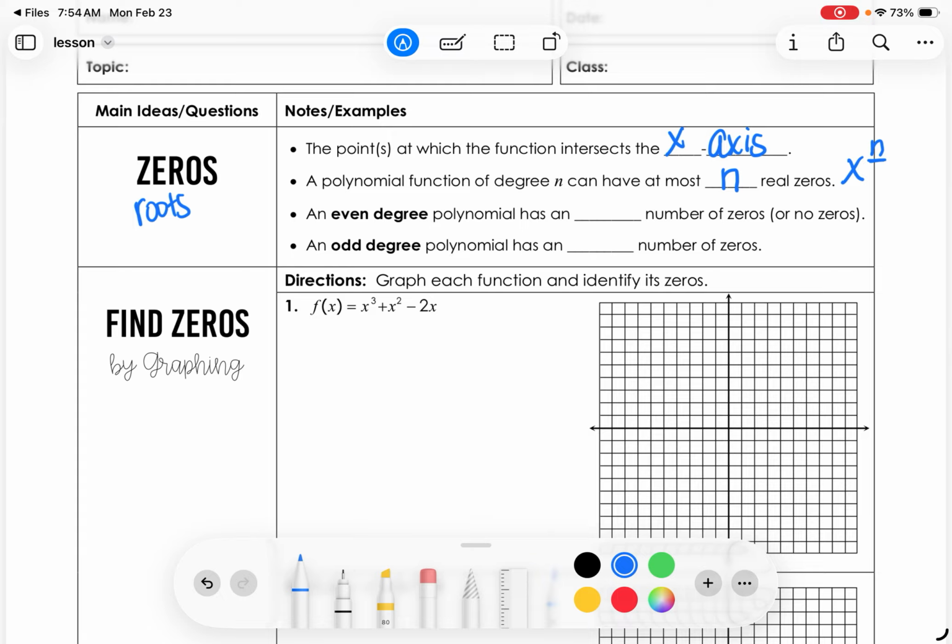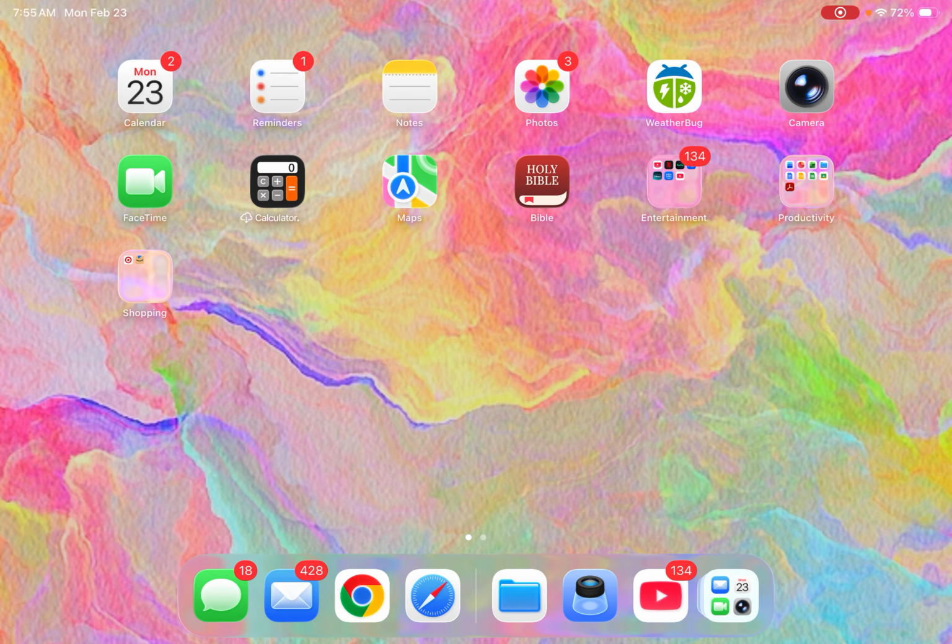So an even degree polynomial has an even number of roots or zeros, or potentially it could have no zeros. And then an odd degree polynomial is going to have an odd number of zeros. So for example, in this function, we know that it's going to have 3 zeros because of this x to the third. So I want you to go with me now to Desmos.